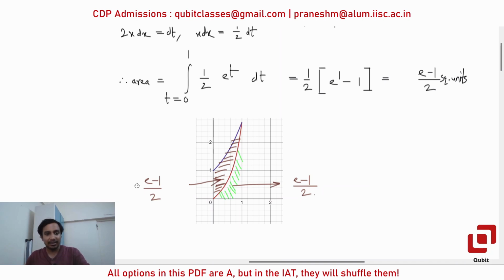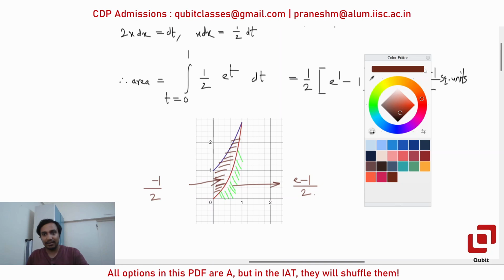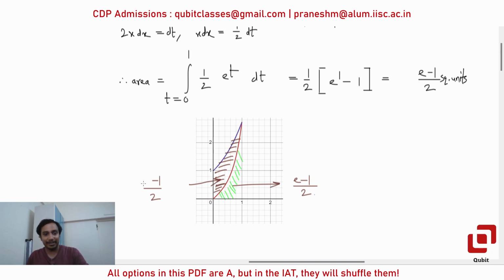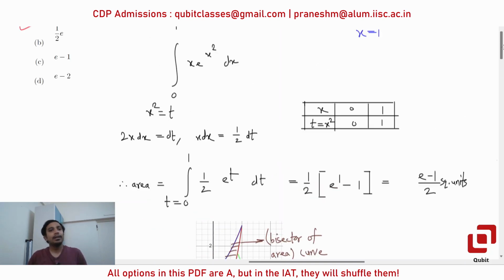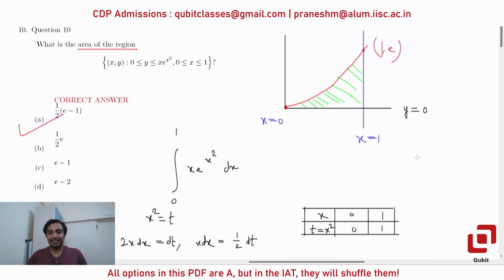Although not asked, who knows, they can ask you a problem like this year or even in subsequent exams. You can say that this is the bisector of area curve, because it bisects the area between the upper curve, x-axis, and two vertical lines. Got it? That was question number 10.